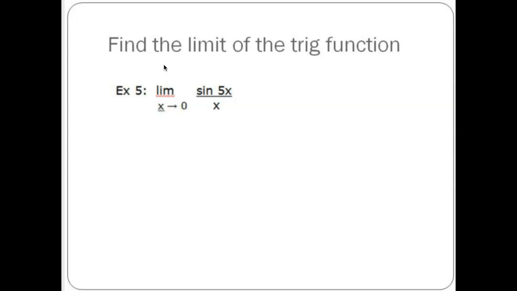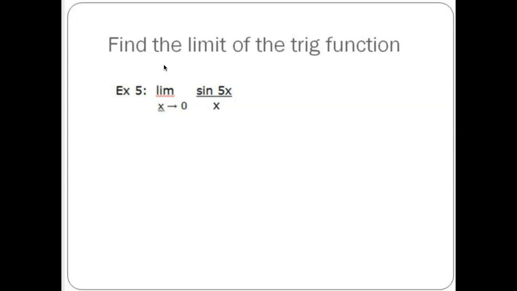We are going to find the limit of the trig function. So it says find the limit as x goes to 0 of sine 5x over x. So we know that in order to find that limit, we must have a 5 in the denominator.